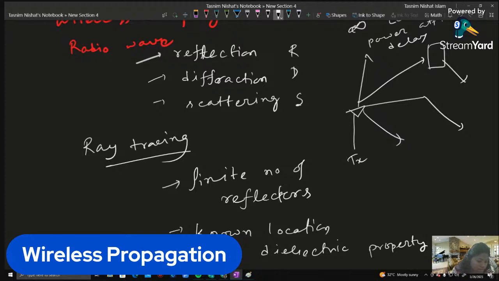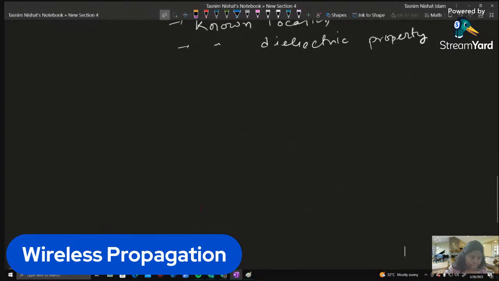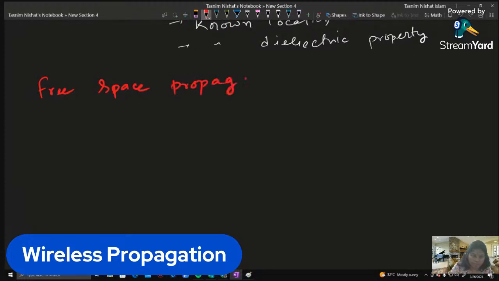Now, the free space propagation model. For LOS, since it's free space, this is LOS, which is line of sight without any hindrance.